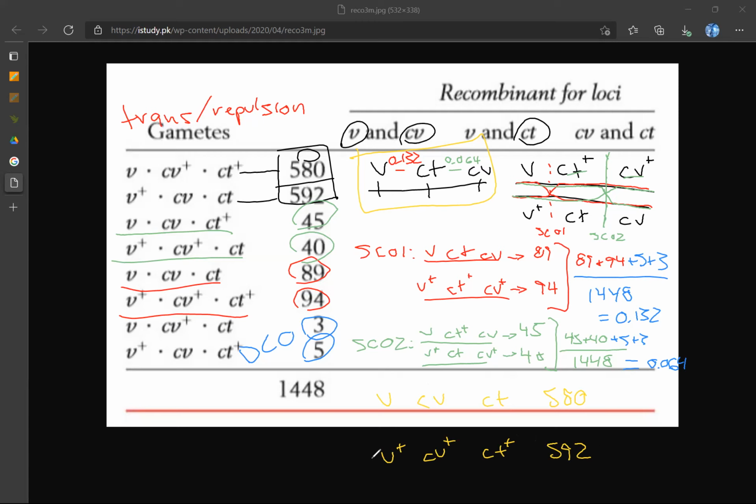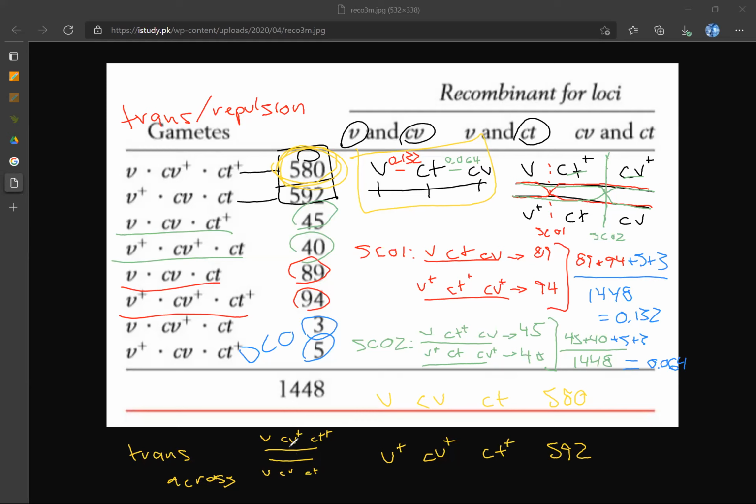In trans configuration, trans is a Latin prefix that means across. That refers to the fact that the alleles for these individuals would actually be V, CV plus, CT plus, and then V, CV, CT.